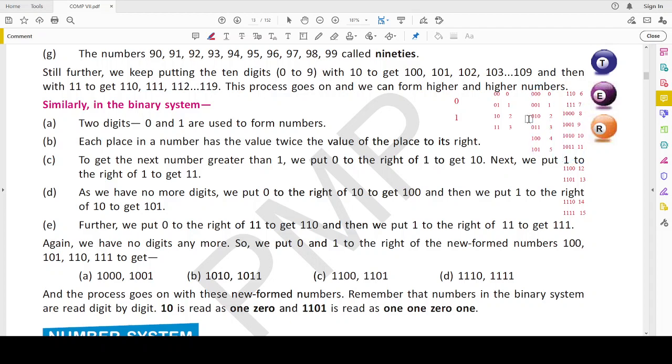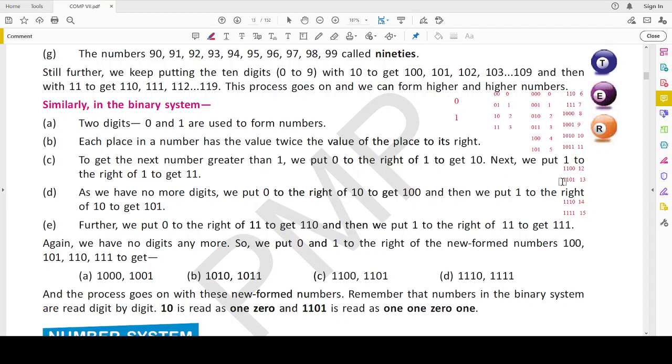If you place 1 over here, you will get a bigger representation. 1 0 1 1, it is 11. 1 1 0 0, it is 12. 1 1 0 1, it is 13. 1 1 1 0, 14. 1 1 1 1, it is 15.